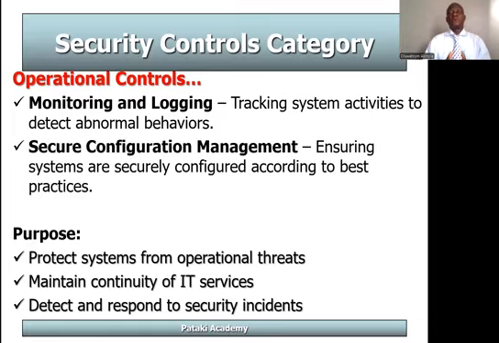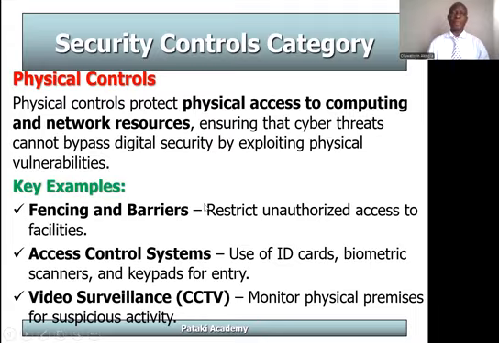Purpose of operational control. Number one, to protect systems from operational threats, to maintain continuity of IT services, detect and respond to security incidents. And the last one is physical control.